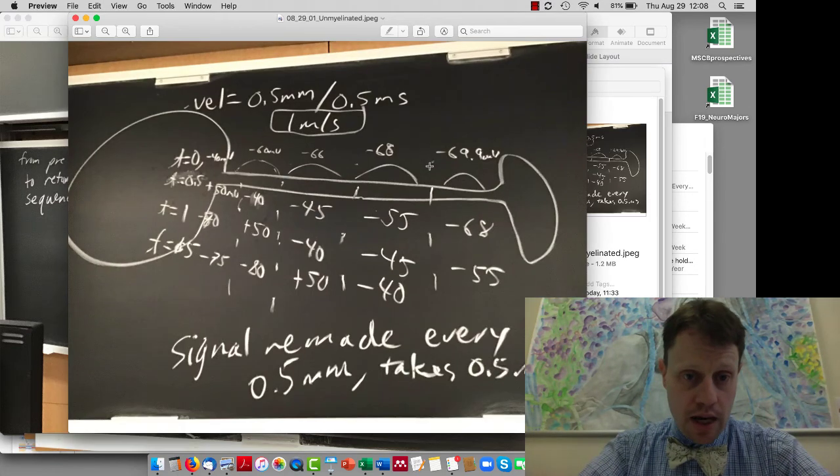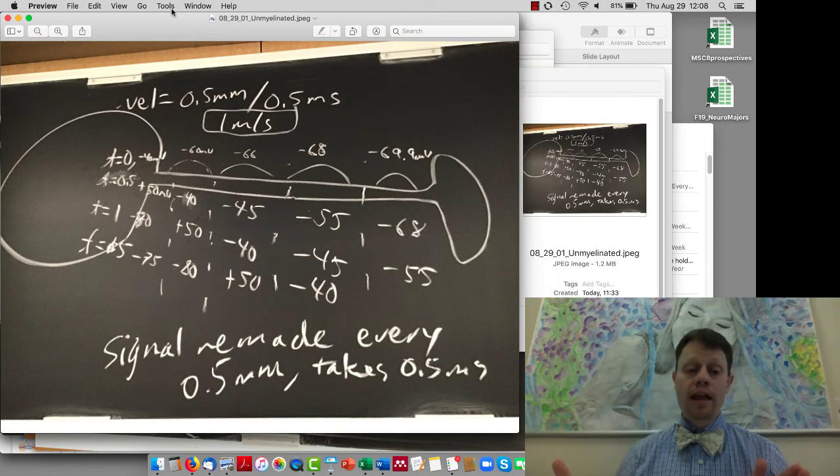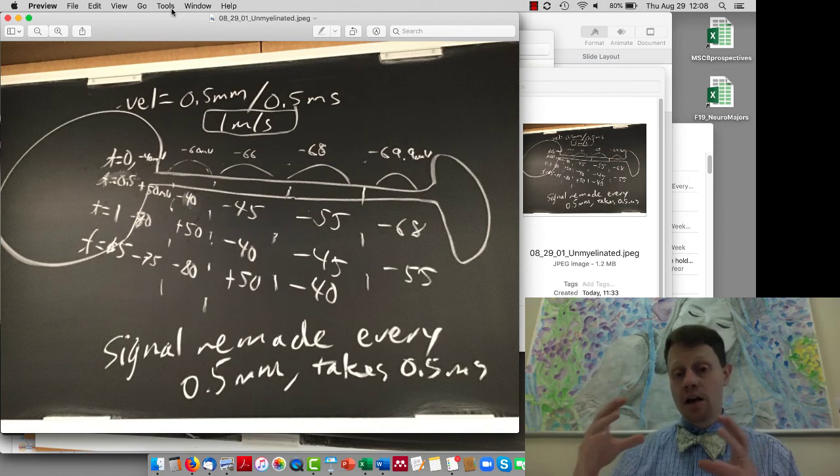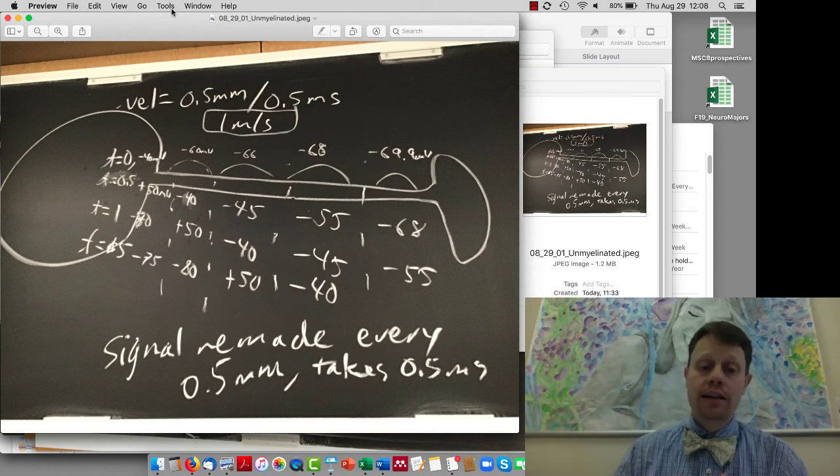Today, on Thursday, we discussed how these action potentials travel along the axon. And so there's quite a lot going on here. The electrical signal dies off over space, and what that means is it needs to be remade again and again and again along the length of an axon.